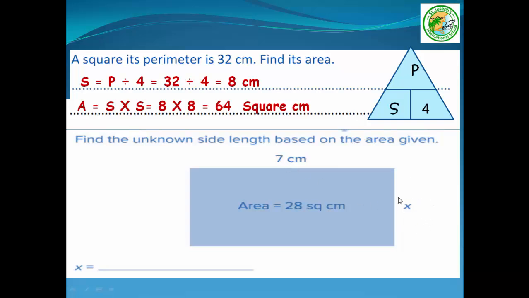We want to calculate its width. We know that the area of a rectangle equals length times width. To get the width, we will divide the area by length. It will be 28 divided by 7 equals 4 centimeters.